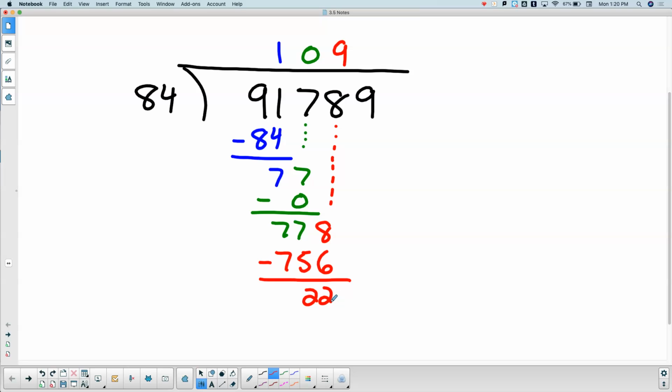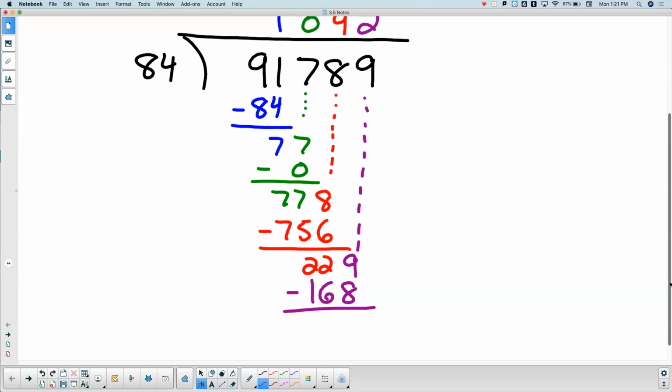Pick somebody. Go ahead and bring down the 9. Twice? 168? 61, you said?